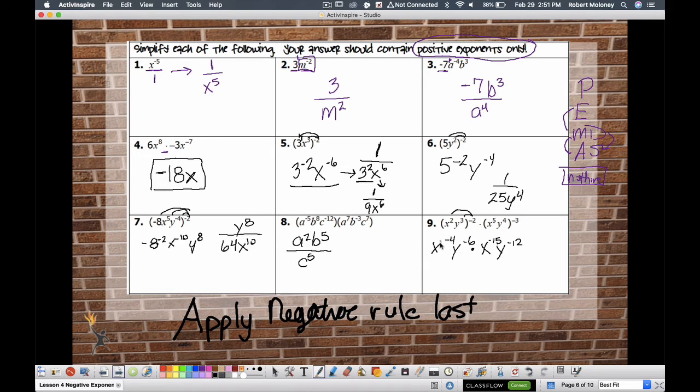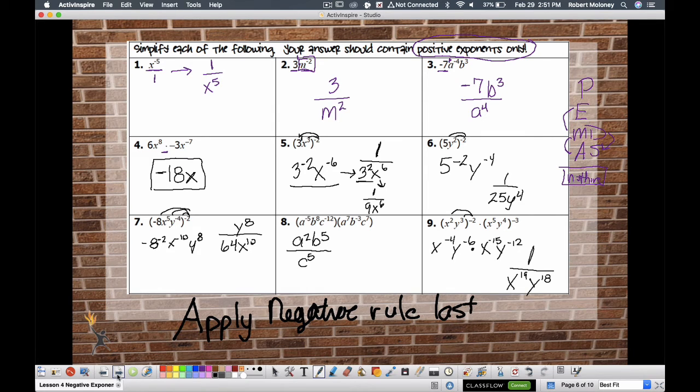Now I add my numbers together. Negative 4 and negative 15 gives me x to the negative 19. So x to the 19th is in the numerator. The denominator, I'm sorry. Negative 6 plus negative 12 gives me y to the 18th. And then I need a placeholder up here, so it becomes 1.